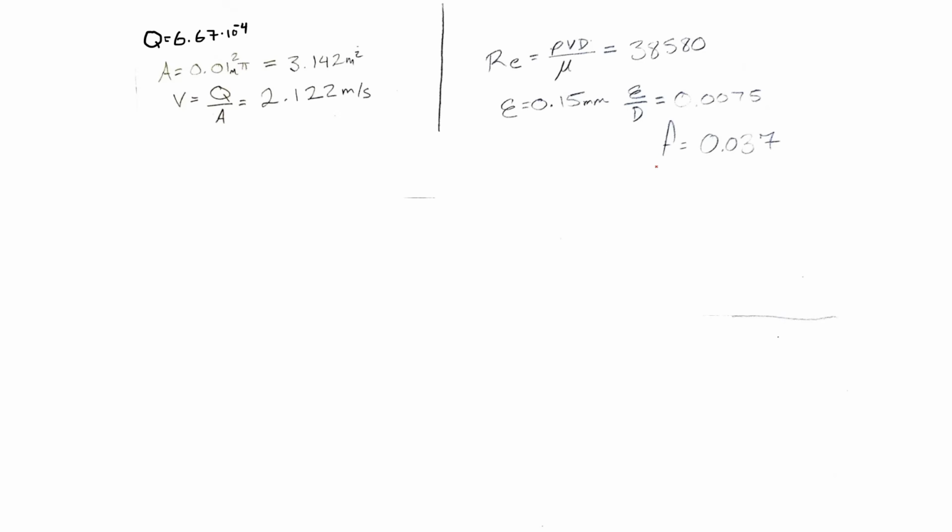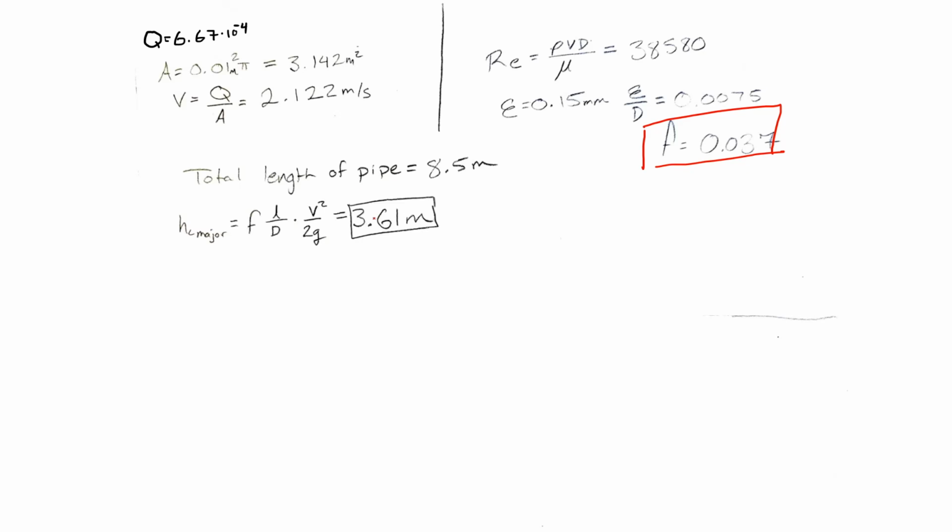So now we have our friction coefficient, which is 0.037. And the total length of our pipe was 8.5 meters. So the major head loss here is going to be this friction coefficient times the 8.5 meters over the diameter of the pipe times this velocity squared over 2 times 9.81, and we got 3.61 meters.